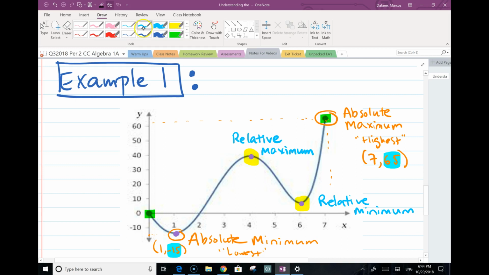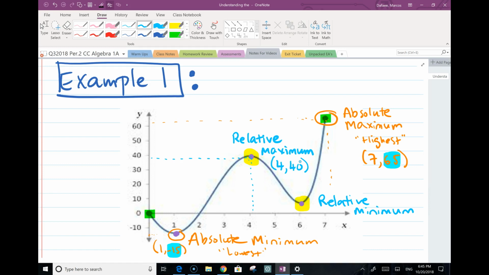Now the relative maximum, this location is at the following place. So this would be, again, I'm approximating here. If I were to go down, this is about 4 and roughly about 40. Okay, so the relative maximum happens at this place at 40.